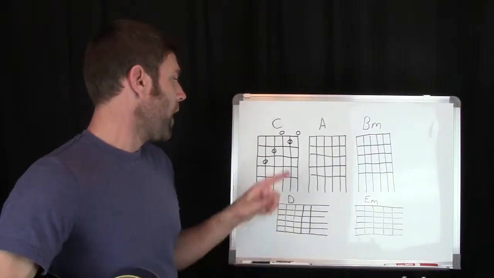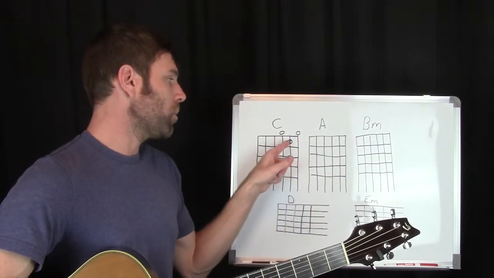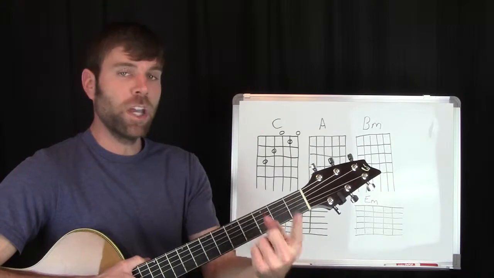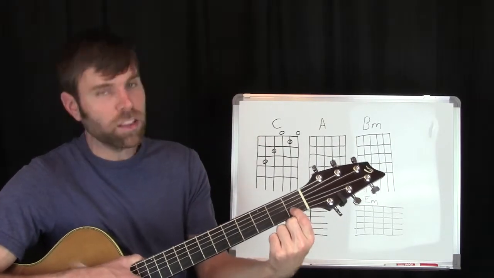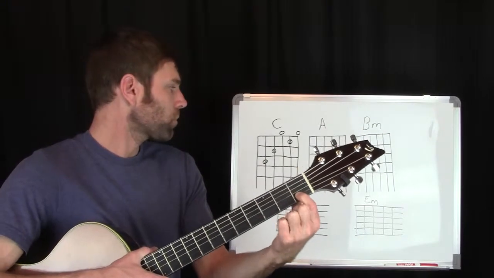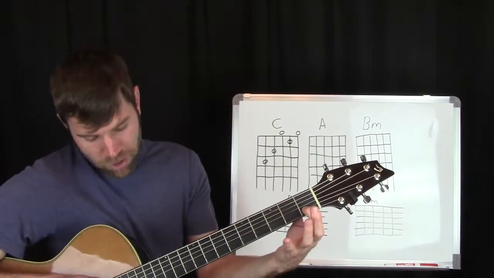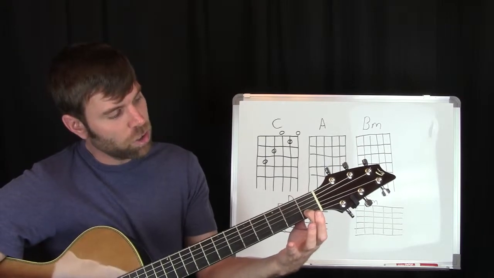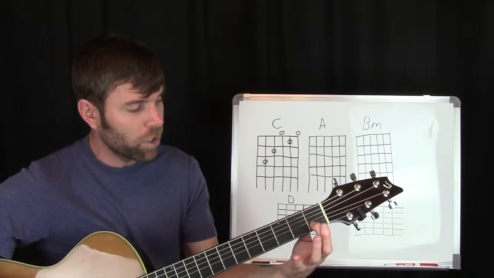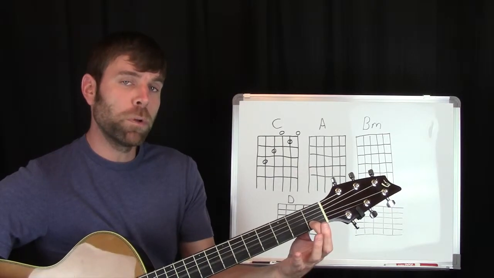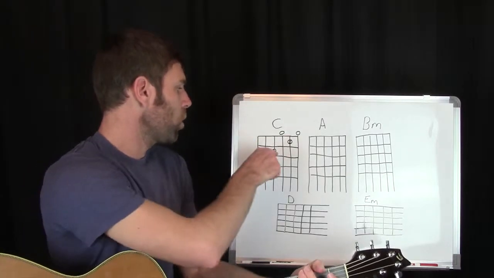So if I have a 1 on the dot that's on my 2nd string, 1st fret, I take my 1st finger and put it on the 2nd string at the 1st fret. So I know that I'm going to play that 1st string open, 2nd string on the 1st fret with my 1st finger, and the 3rd string is going to be played open as well. That's the first part of my C chord.